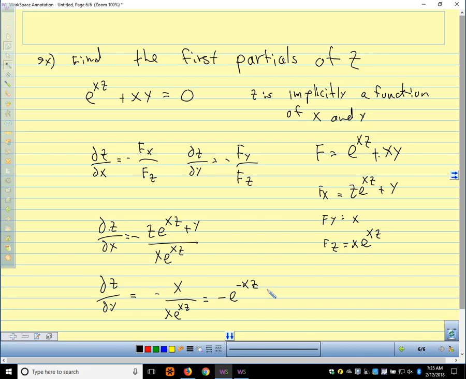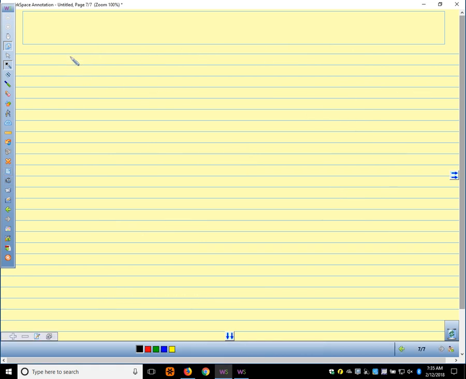I want to do one more example where we contrast the chain rule with what we did last time with differentials. I'm going to draw a triangle here.